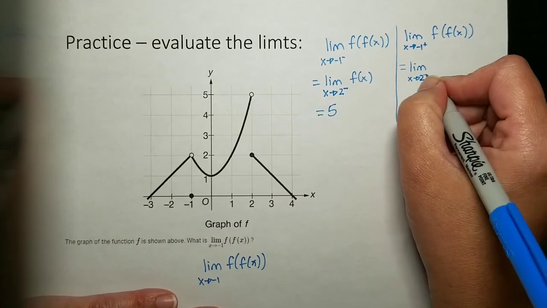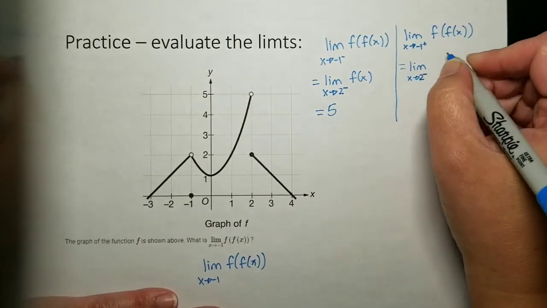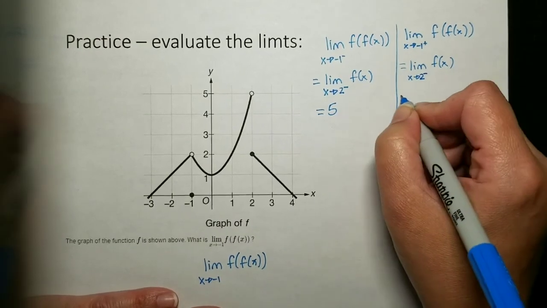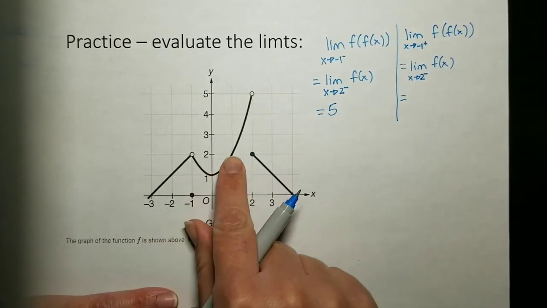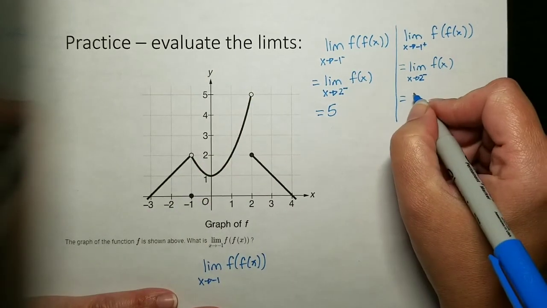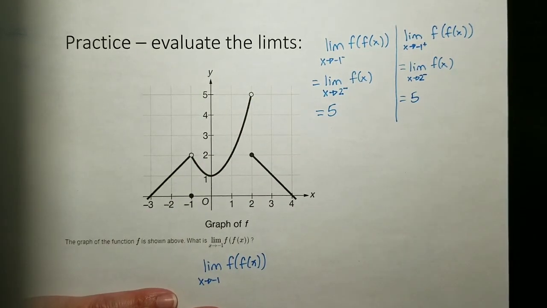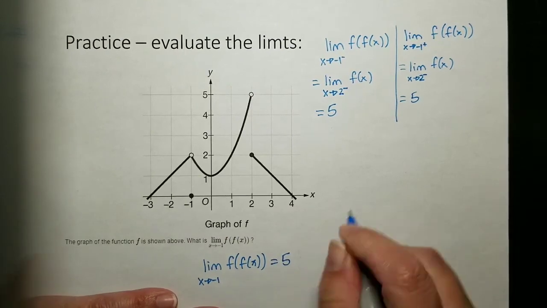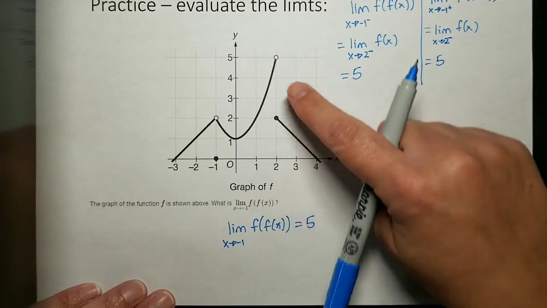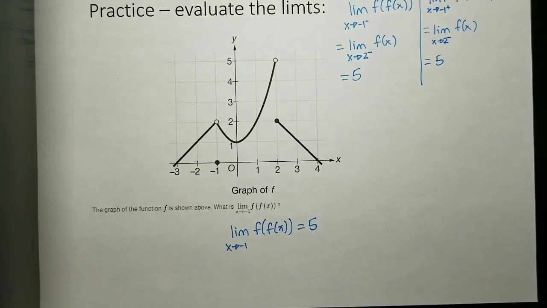So that's a 2 from the negative side. Now we're working on the outer function, the f at x on the outside. And again, this is going to be approaching 2 from smaller numbers, from the left-hand side. So that's 5. So because the sided limits are equal, we can actually evaluate this even though it looks like it has a discontinuity.